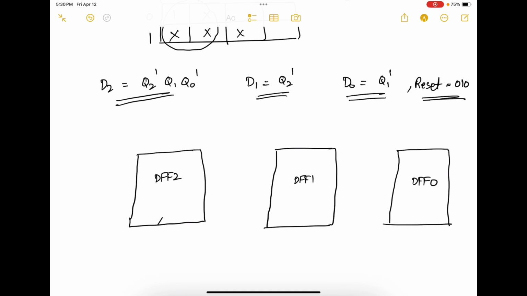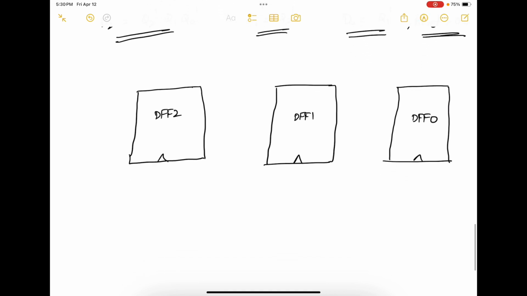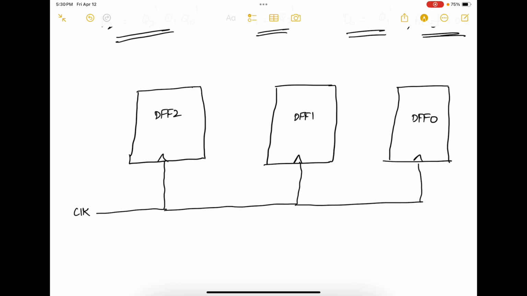The first step is to give the clock signal to all these flip-flops. So you have clock, which is fed into this flip-flop, this flip-flop, and this flip-flop. Now remember, each flip-flop has D2, Q2, D1, Q1, D0, and Q0.